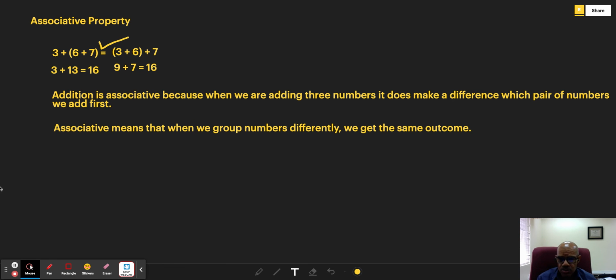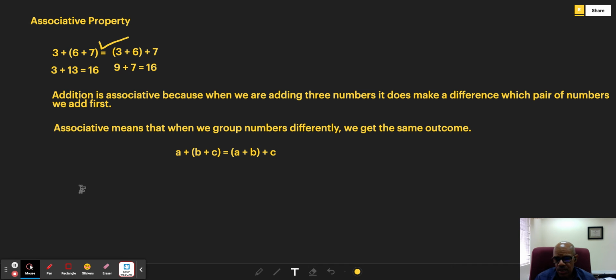And in algebraic terms, we would just write A plus brackets B plus C is equal to brackets A plus B plus C. That's all there is to the associative property.